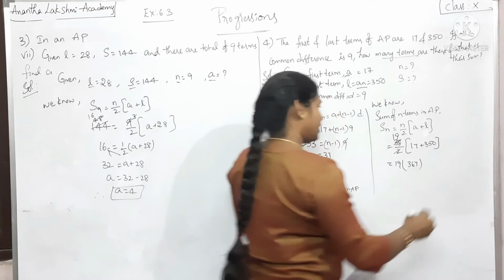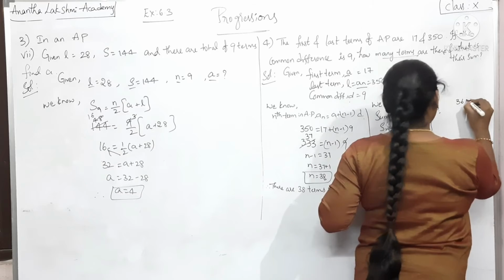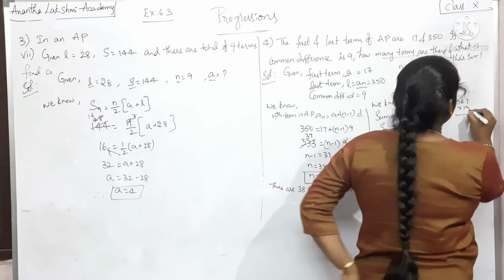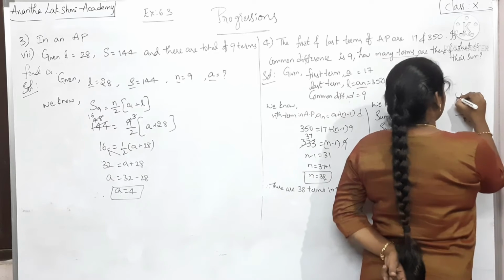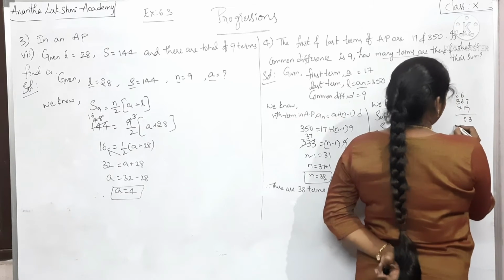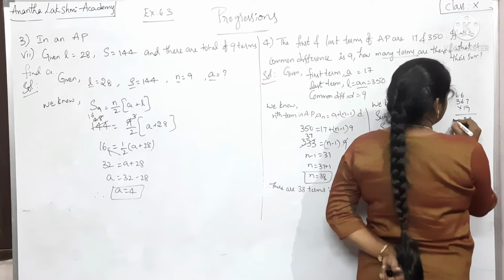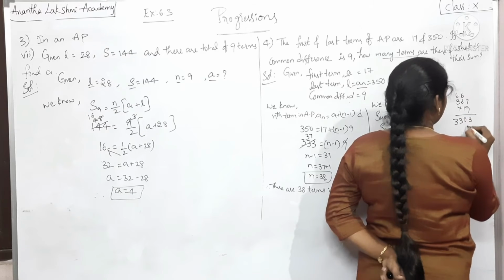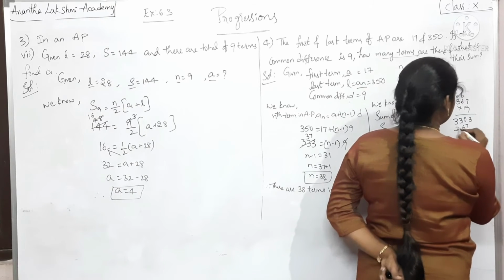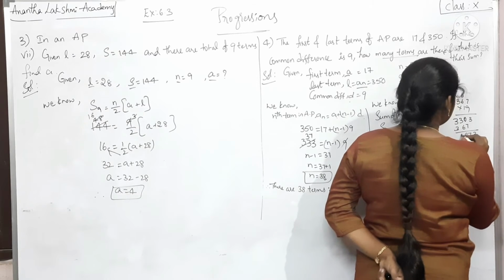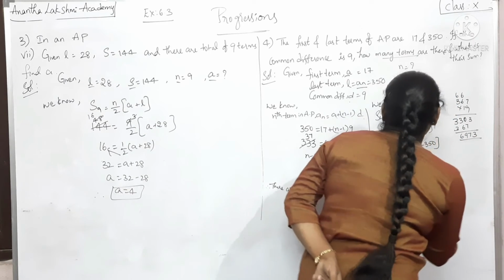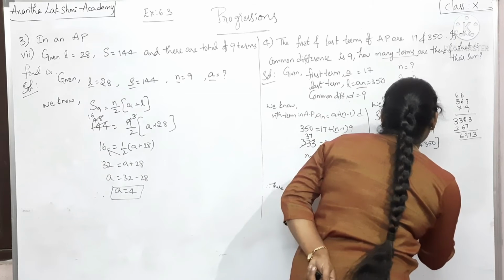If we do the multiplication, we will get the answer. 367 into 19. 9 sevens are 63, 9 6s are 54, 9 3s are 27, plus 6 is 33, 763. This is going to be 6973.